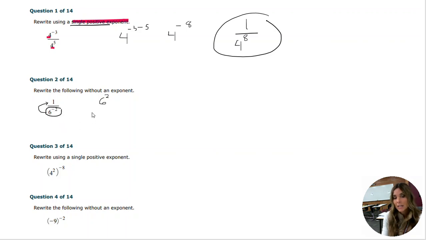Okay, so 1 divided by 6 to the negative 2 can be simplified as 6 to the positive 2.